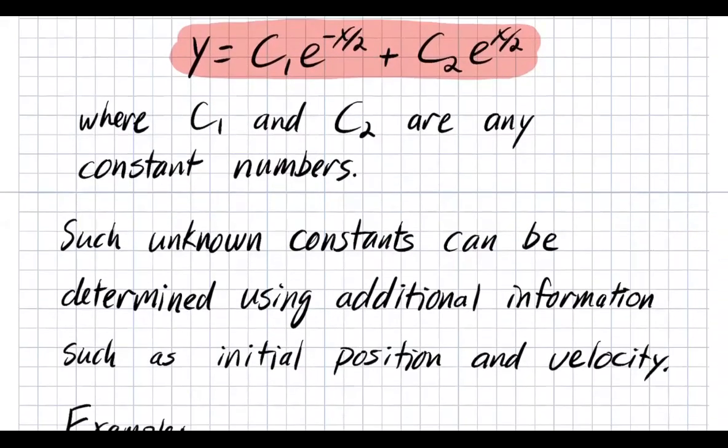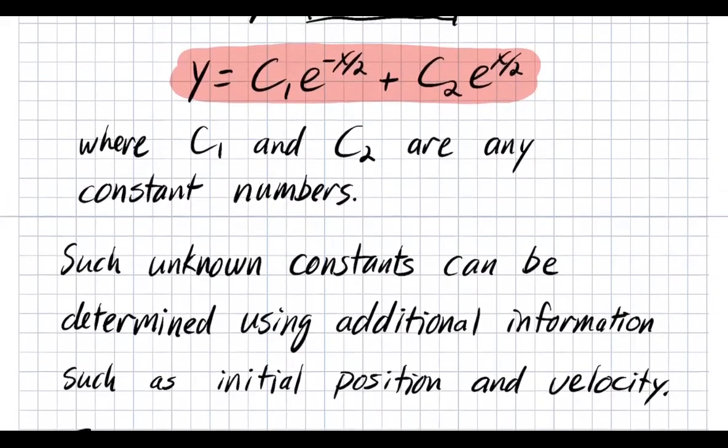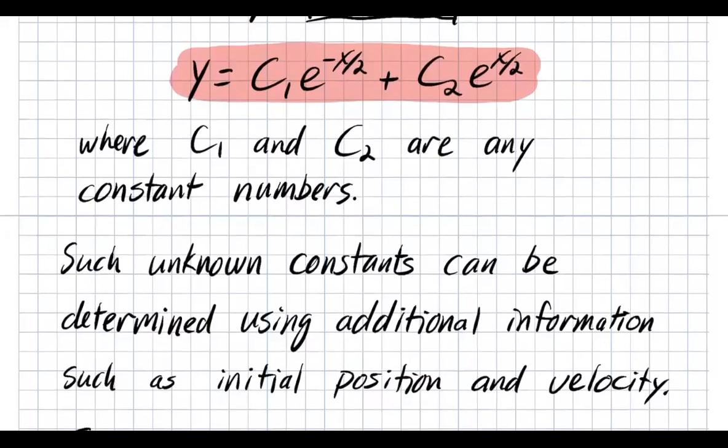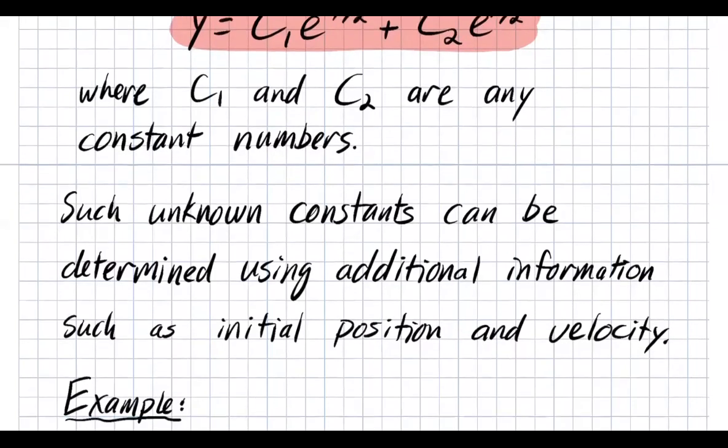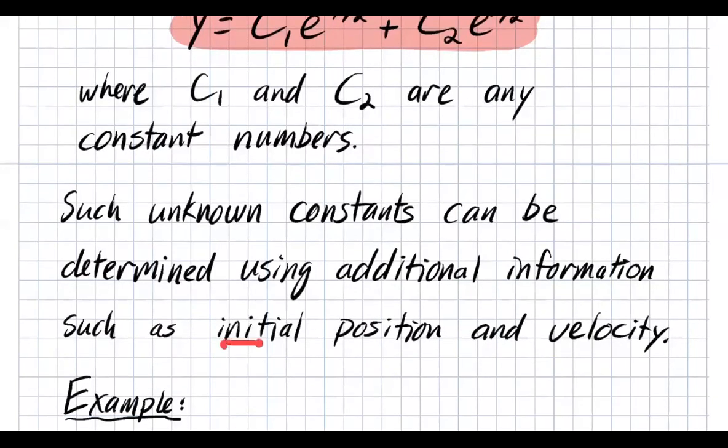These constants are actually unknown, right? We don't know what these things are. However, how can we determine these unknown constants? To do that, we need additional information. And this is usually like initial position and initial velocity.